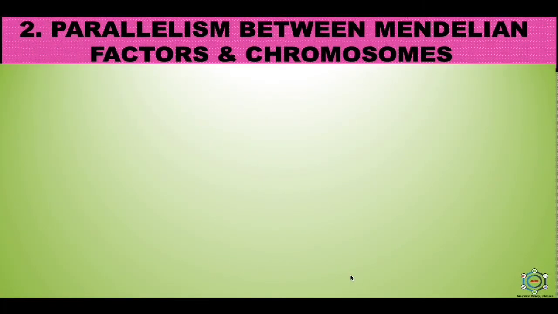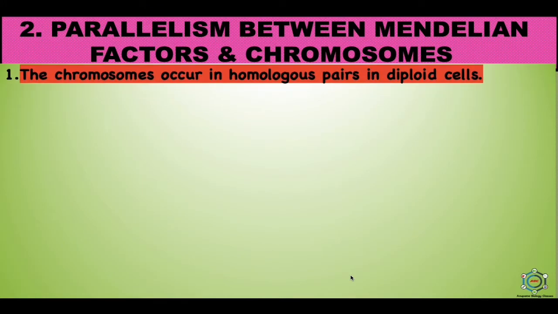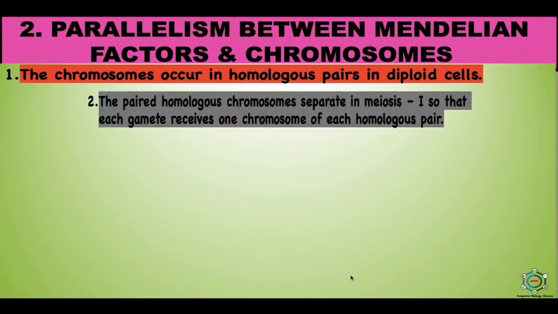Here, the parallelism between the Mendelian factor and the chromosomes. Sutton and Boveri found a close parallelism between the transmission of Mendel's hypothetical factor and the behavior of chromosomes in sexual reproduction. The first finding is that chromosomes occur in homologous pairs in diploid cells.